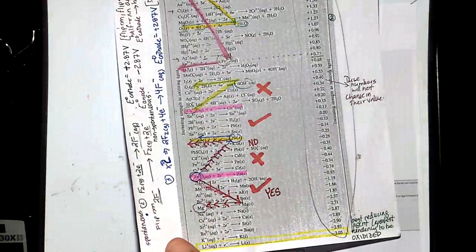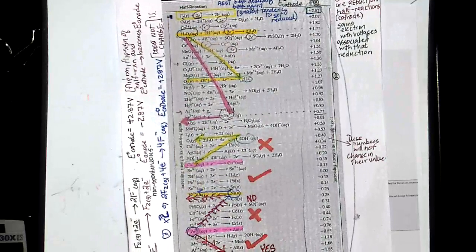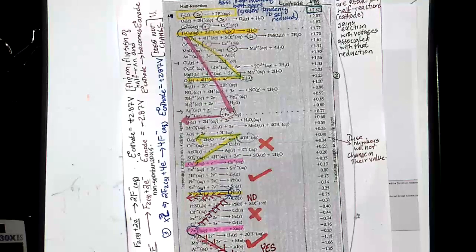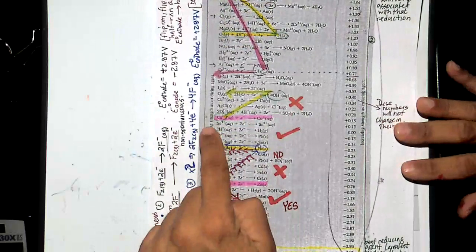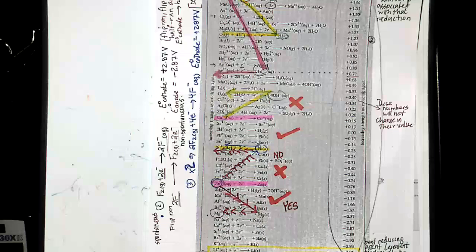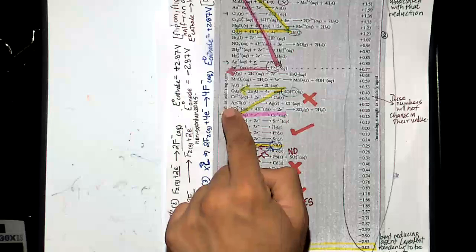All right, so make sure you are comfortable reading this, understanding this. What can oxidize what, what can reduce what. Once again, you pick one, anything below it can get oxidized.